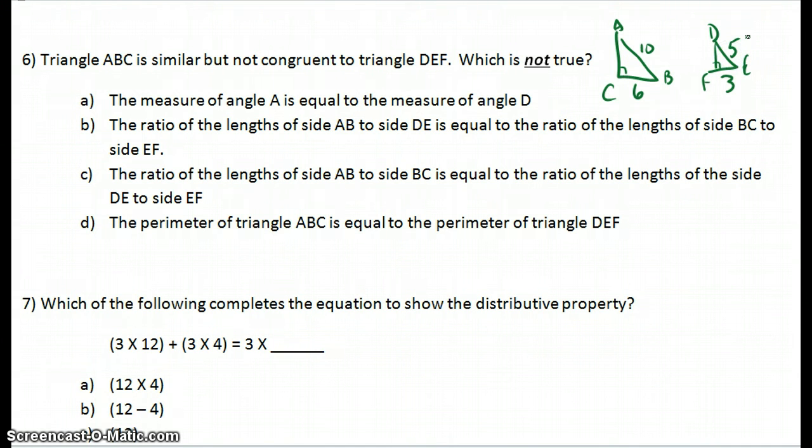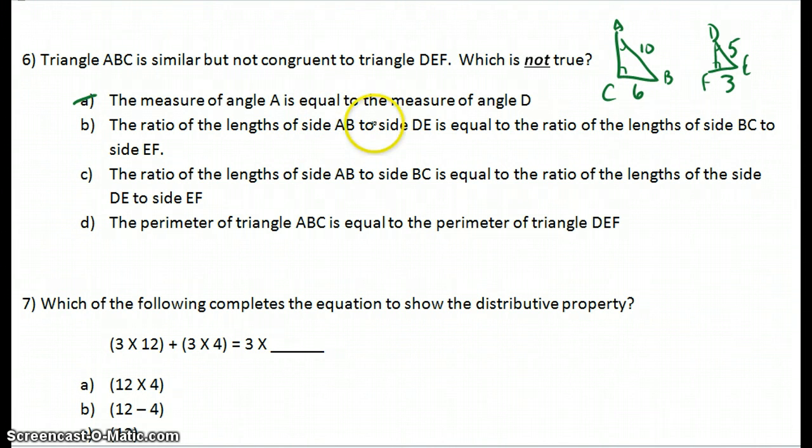Okay, this just gives us a basis for the setup. If we go through each of these, the measure of angle A is equal to the measure of angle D. We look at this. These two triangles are similar. They're not congruent, but with similar triangles, we're talking about they're scaled up or scaled down. So the angles stay the same. So answer A is out of the question.